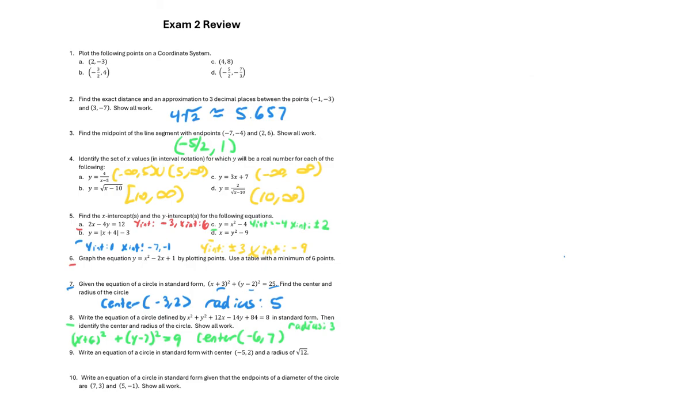Write the equation of a circle in standard form with center of negative 5, positive 2, and a radius of the square root of 12.